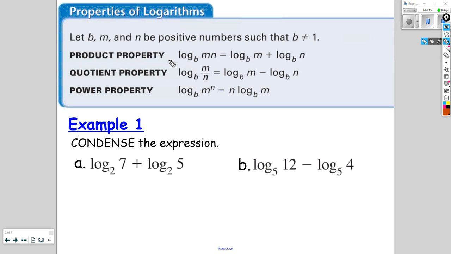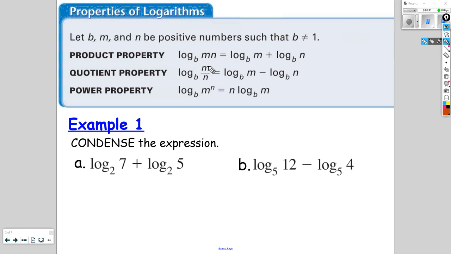We can use that property if we notice that log base b of mn, which essentially would be just one number, but if we know that one number has multiple factors, we could separate it into log base b of m plus log base b of n.